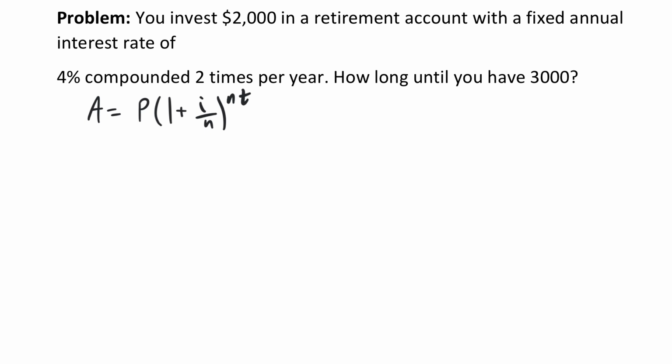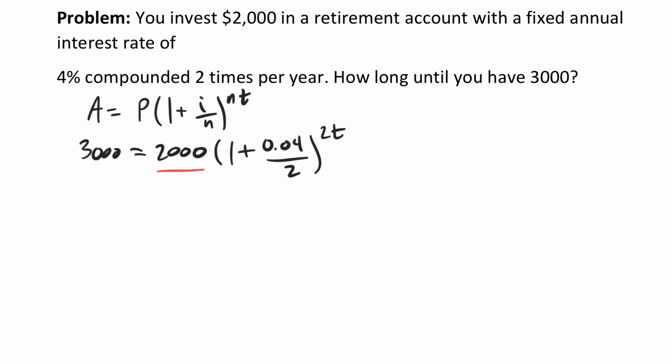All right, so assuming you gave this a try, we want to have $3,000. So that goes on the one side. We have $2,000. We know we're getting 0.04% compounded twice a year to the power of 2t. Now step 1 is to divide out that 2,000. It's going to give us 1.5 equals 0.04 divided by 2.